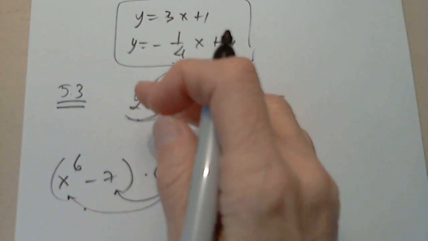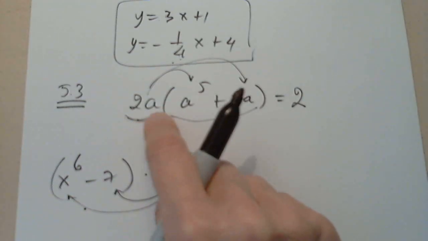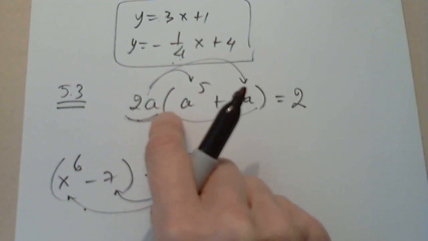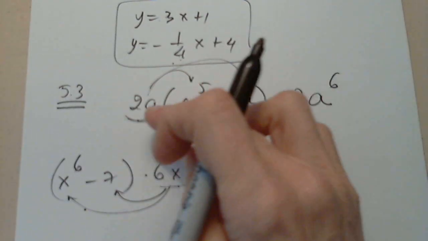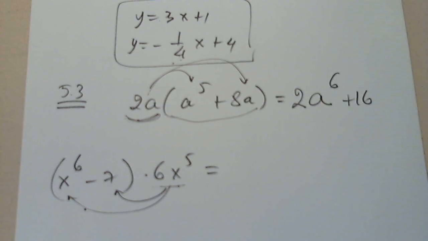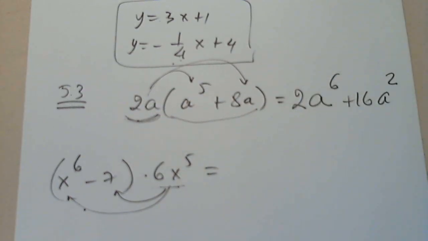So when we distribute, we multiply first the numbers and we get 2. Then we multiply two exponential notations having the same base. We copy the base and we add the exponents. The same thing here. First we multiply the numbers, and then a times a is a squared. Copy the base, add the exponents.